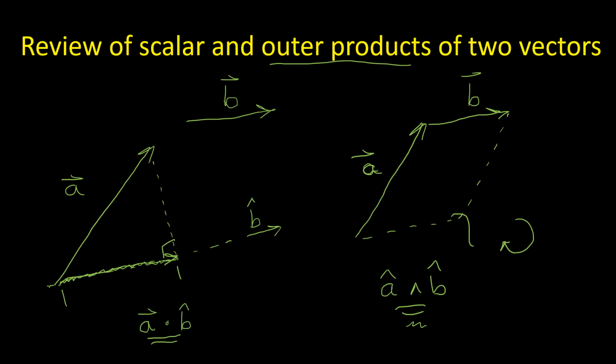Now, an important thing to recognize here is that the area of this parallelogram that we just described is also equal to the area of the rectangle that would have as one side A, and as the other the component of B that's perpendicular to A. So the dot product of the two vectors captures information about their parallel aspects, or the component of A that's parallel to B. The wedge product captures the perpendicularity of the two vectors.